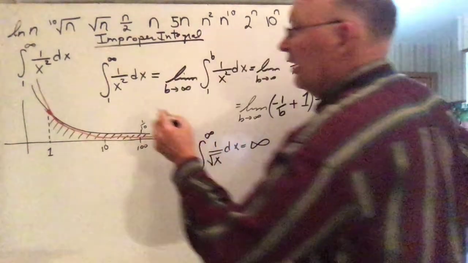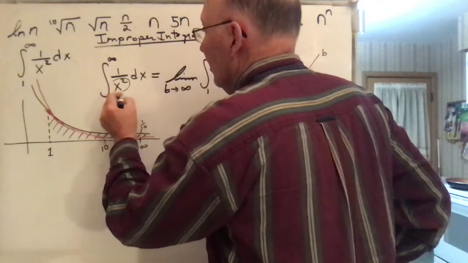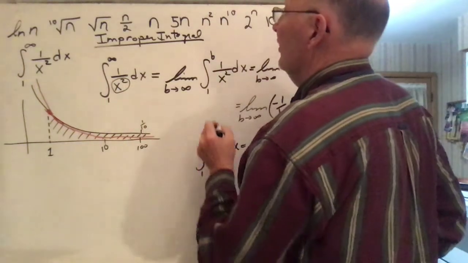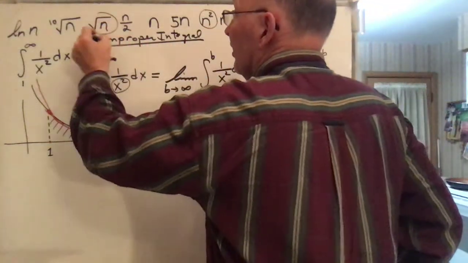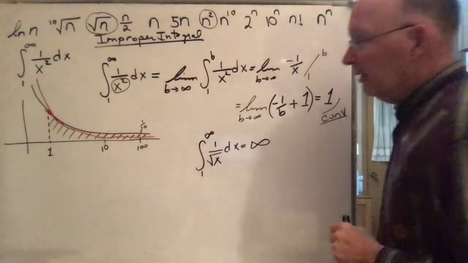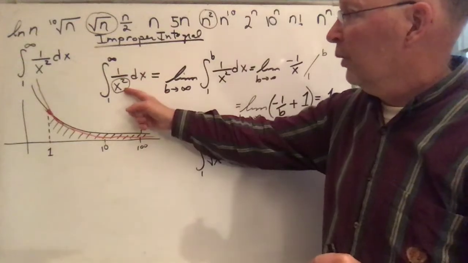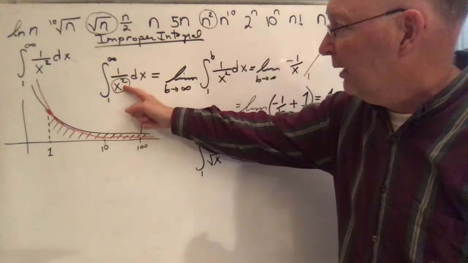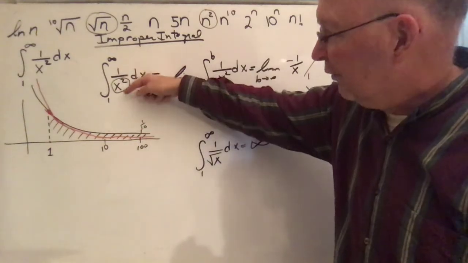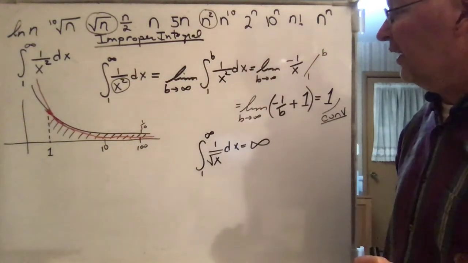It all depends on how fast these things are growing. See that? This one grows faster, and so 1 over x squared is going to get small much faster than this. The denominator is getting big faster, so the fraction is getting small faster.